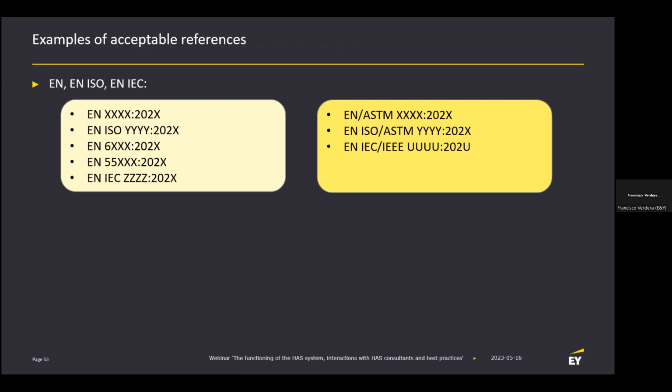This is perfectly acceptable, the same as the right examples: EN ASTM, EN ISO ASTM, because it's not an ASTM, it's an EN adopting an ASTM, or an EN ISO ASTM, so it's an international standard adopted in Europe that was adopting an original ASTM standard. The same applies for EN IEC IEEE standards. They are really IEC standards adopting IEEE, but they are IEC standards, and they have been submitted to the international consensus. Let's go to the next slide.